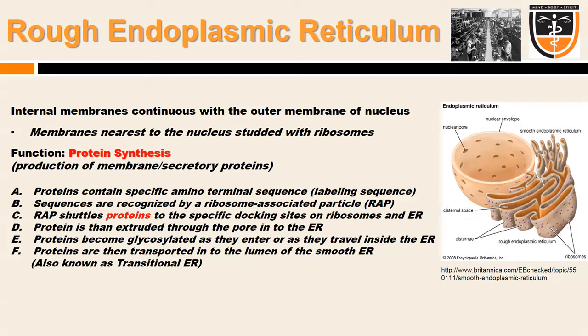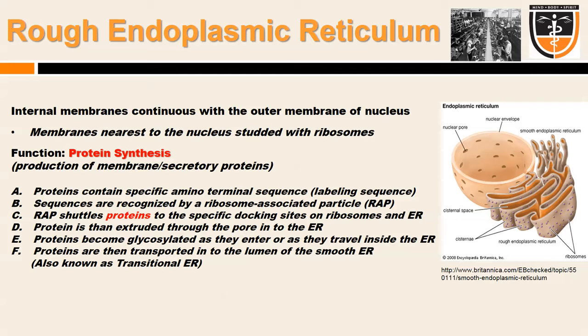The sequences of these proteins that are produced on those ribosomes are recognized by the signal recognition particle. And this protein will shuffle proteins to the specific docking sites on the ribosomes and endoplasmic reticulum. Now, this protein that has been attached to the recognition particle and ribosome and endoplasmic reticulum will be pushed into the rough endoplasmic reticulum.